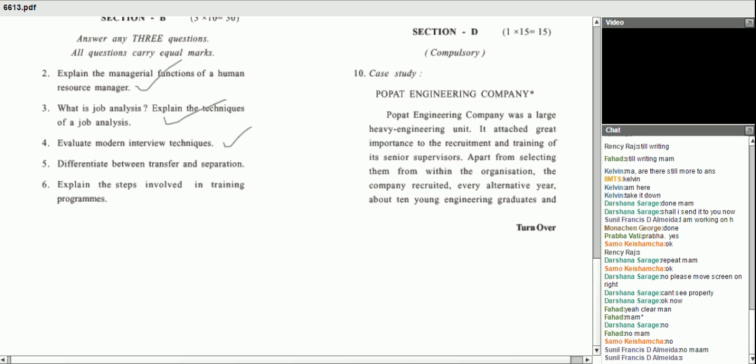Okay, Sunil, Pradeep, anyway, he has left the class. Okay, fine. Please continue doing it.